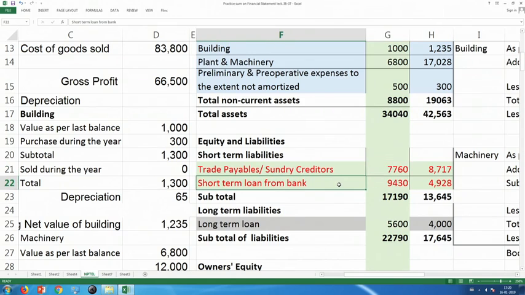Short term bank loan is another ledger where whatever is the balance at the end of the year, as on closing of business on 31st March any year, that balance is taken here. One thing should always be remembered is that short term bank loan balance is to be obtained from the bank rather than from the company ledger, because bank keeps on charging some service charges without complete knowledge of the company.